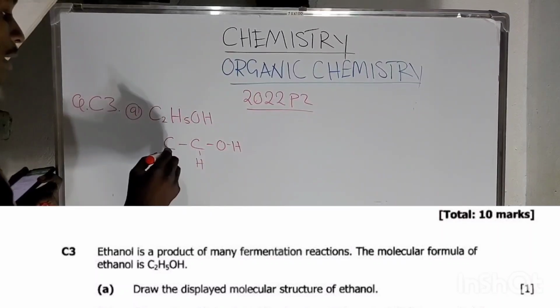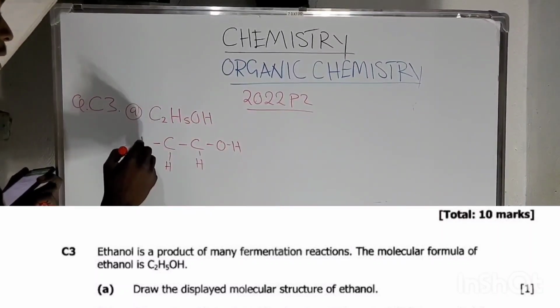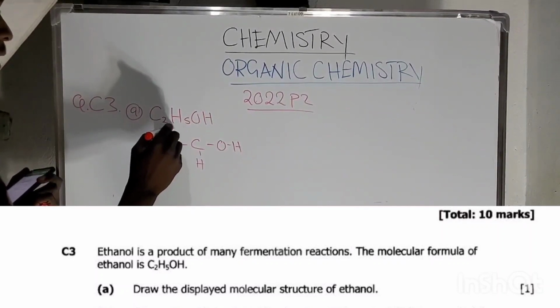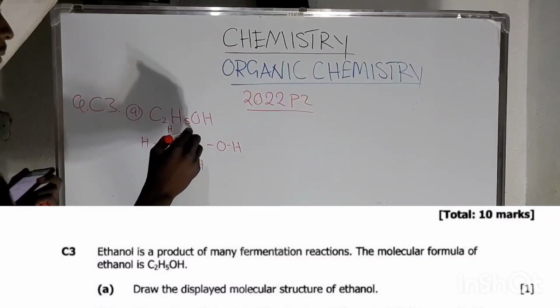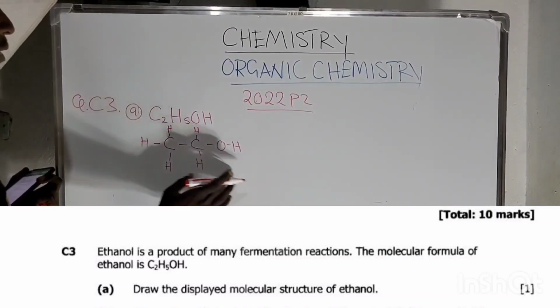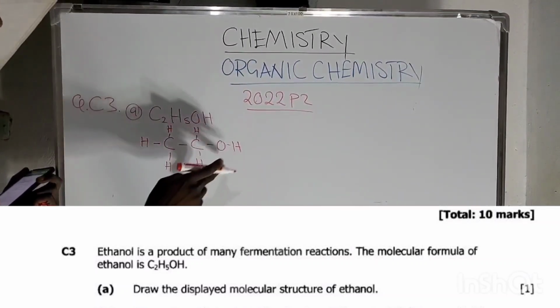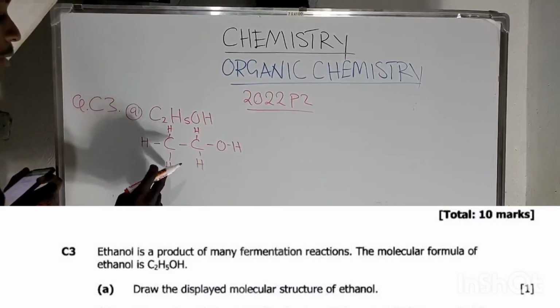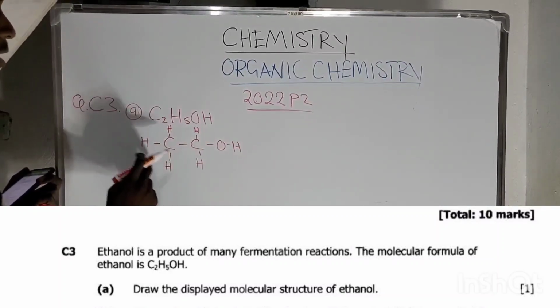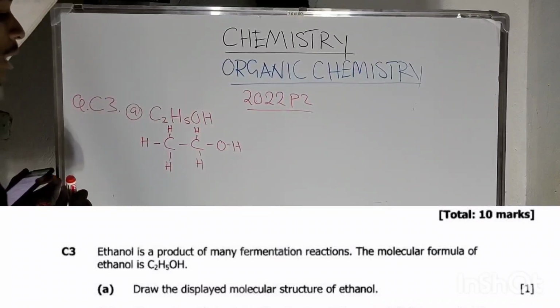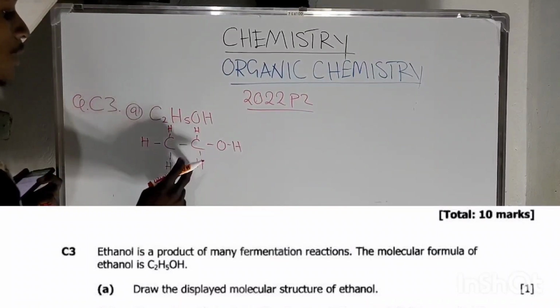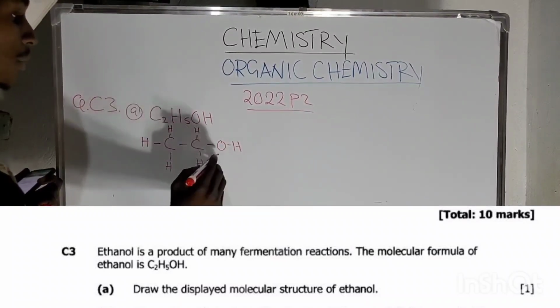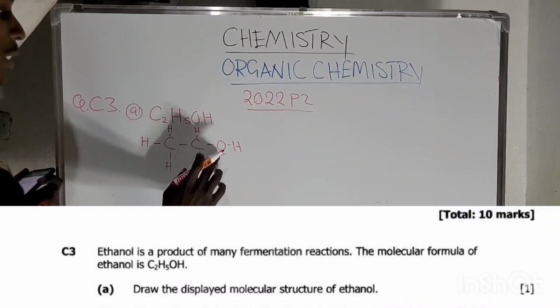So we have hydrogen here, hydrogen here, hydrogen here, hydrogen here, and hydrogen here. So they completely surround the carbon atoms. So we have 1, 2, 3, 4, 5, 6 hydrogen atoms. So this one is not a hydrocarbon because there is oxygen. Okay?